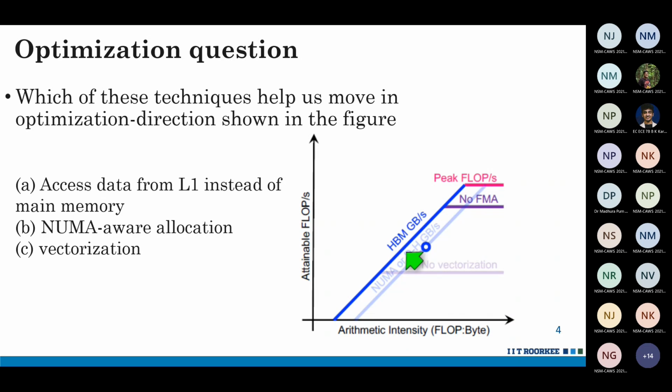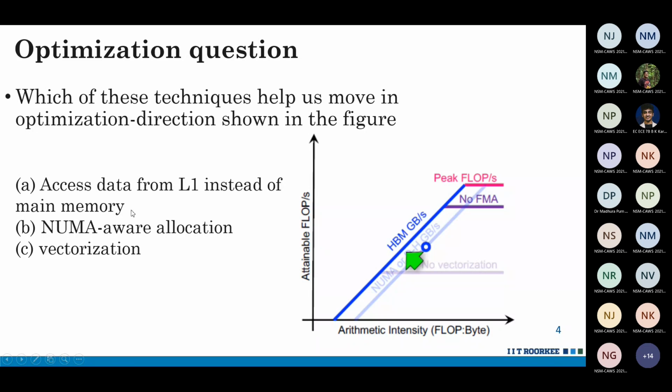So first, this graph is in logarithmic scale. Optimizing here means before the ridge point. Before the ridge point it is the memory bound region, and after the ridge point we have the computation bound region. So this optimization means that we are increasing the memory bandwidth.